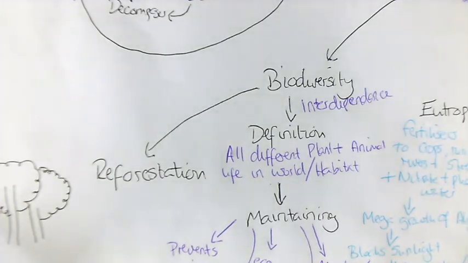Biodiversity is also important, so that if there are diseases, it doesn't wipe out the whole population or globe. If we have lots of different species, then it means that if there is a disease, it may just take out one species and not everything.